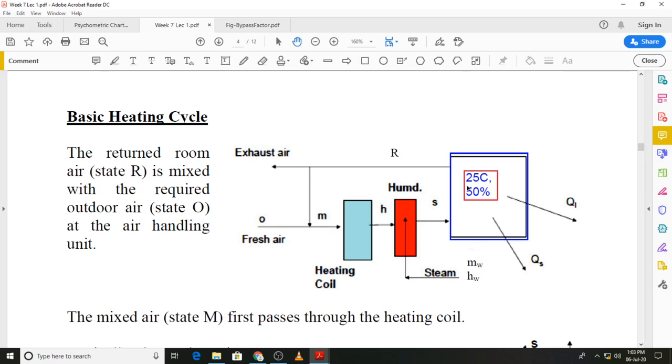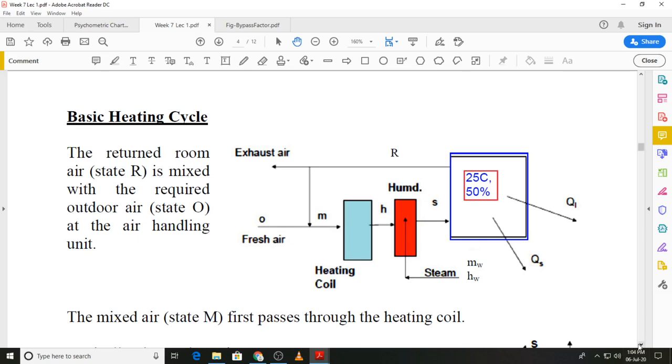The space is at state R. That air which was supplied is returned from the room, part of it is exhausted and part is recirculated and mixed with the outside air. So after we mix states R and O, the resultant state will be state M. That state M will then be heated to state H and humidified and supplied at state S to the conditioned space.